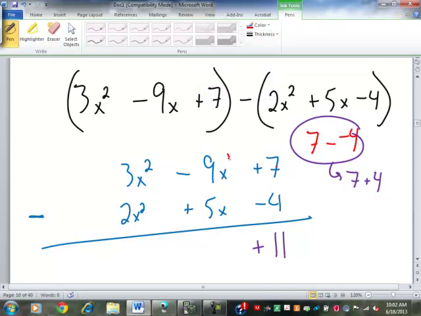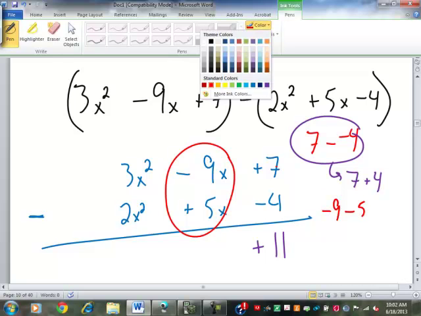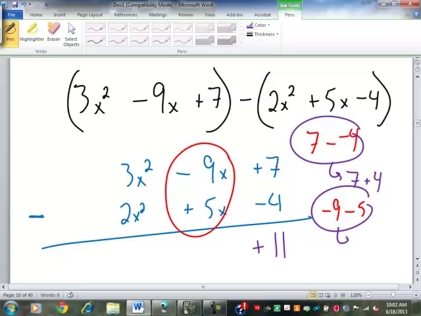Here we have negative 9x minus 5x. So I'm just going to look at the numbers. Negative 9 minus 5, we change that to negative 9 plus a negative 5, which is negative 14x. Negative 9 plus negative 5 is negative 14.